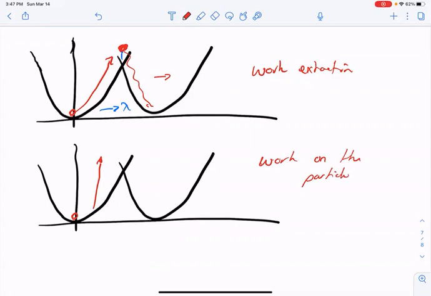And indeed, the relative likelihood of seeing those two paths, in which I move the minimum of that harmonic oscillator to a position where I can extract work, is exceedingly unlikely. Overwhelmingly, the particle will be in a position near the minima of the potential, and thus any perturbation away from that will increase its energy. I'll have to do work on the particle to lift it up to that height.